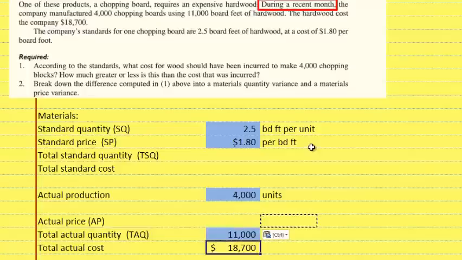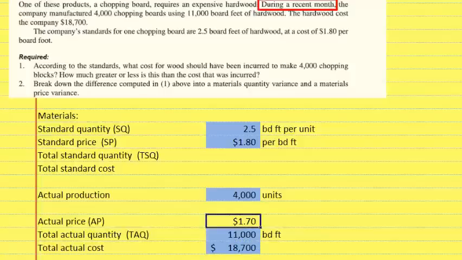And let me indicate the given information in blue, those 2 items. So compute the actual price. Did you say $18,700 divided by 11,000 board feet, and you got $1.70 per board foot?